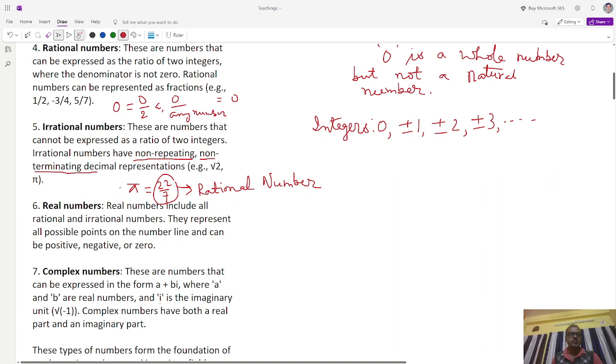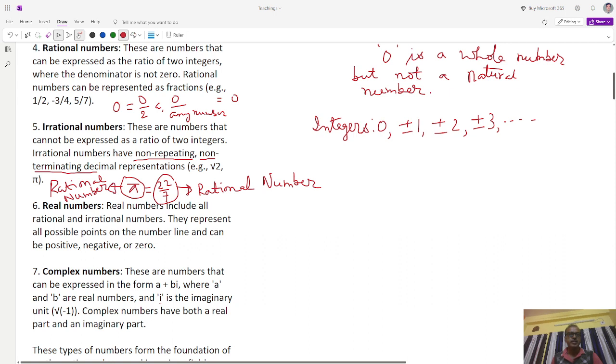Whereas pi is an irrational number. Look at it very carefully and memorize this thing.